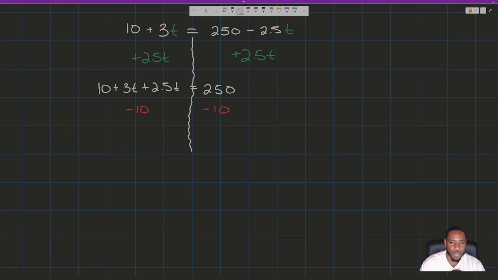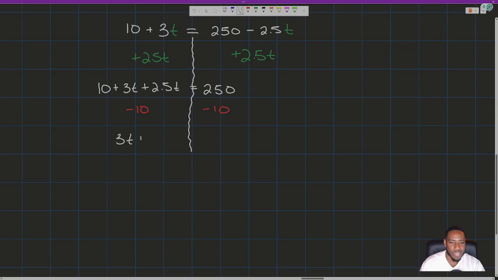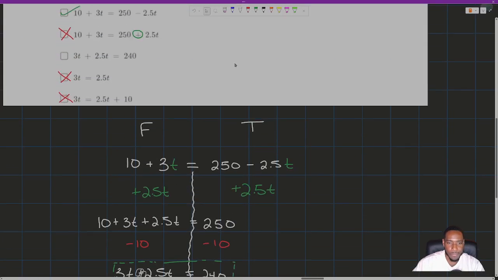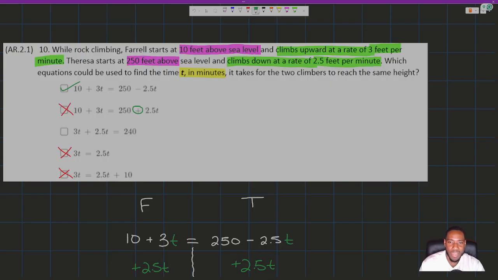And if we do that, we're left with 3t plus 2.5t is equal to 250 minus 10 equals 240. So as you can see, we were able to make our equation look like the one they gave us. And so we should also recognize that is a possible way to represent the scenario.